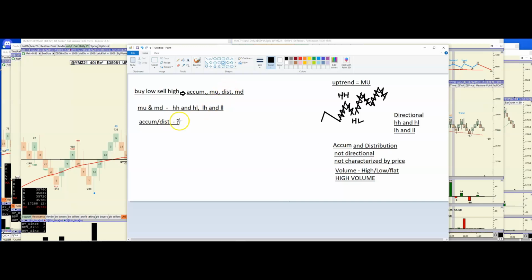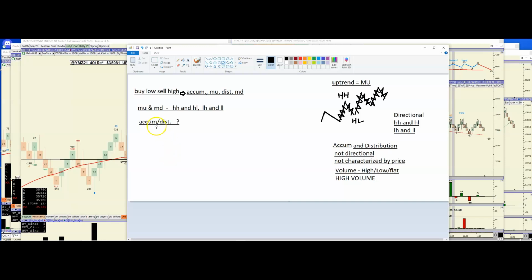They are non-directional because they are non-trending. So then what describes them? And what are their characteristics? They are described by volume, because volume is also non-directional. So it is volume that describes accumulation and distribution.